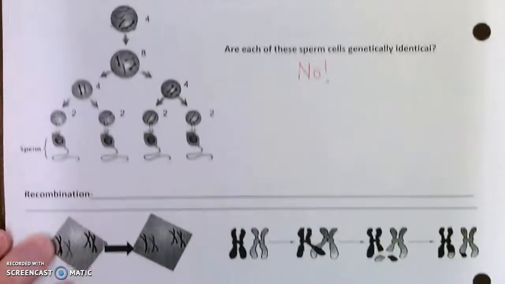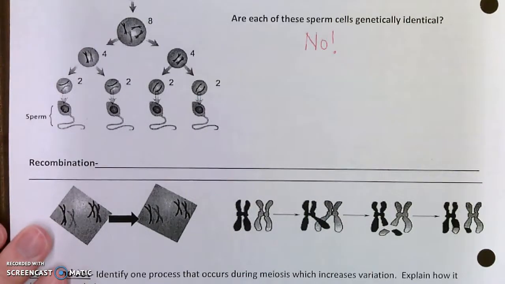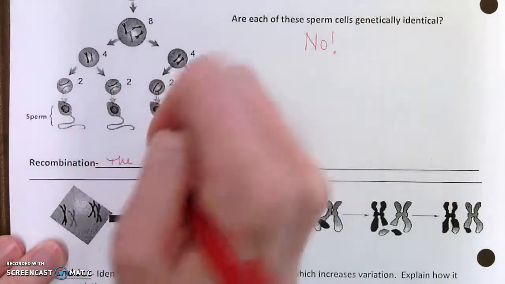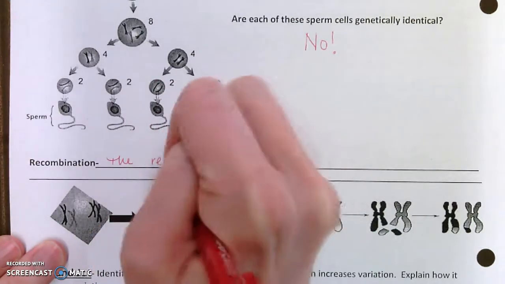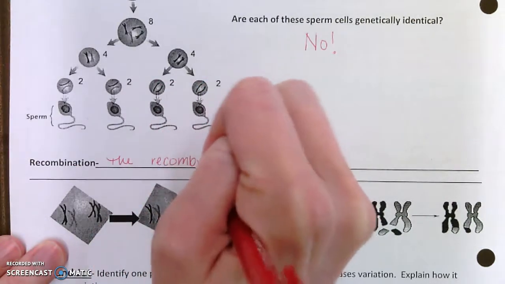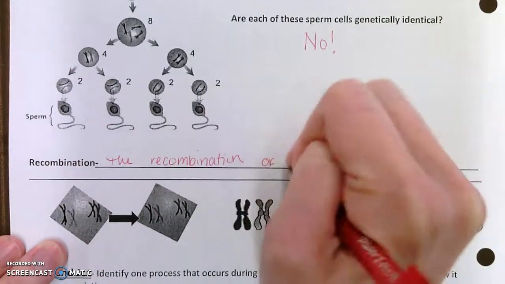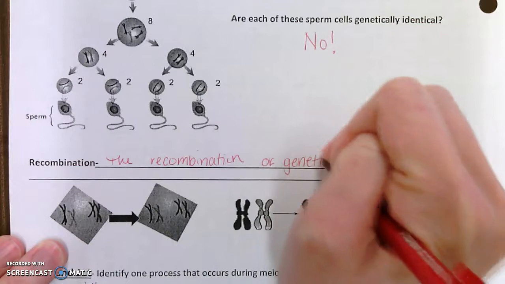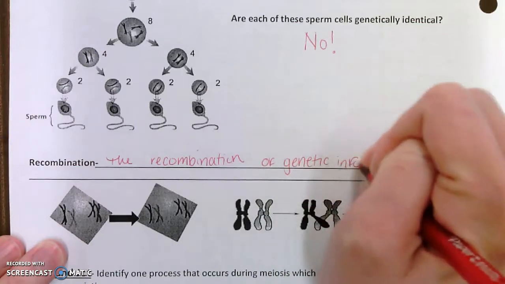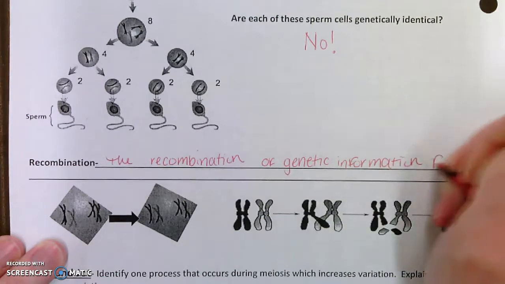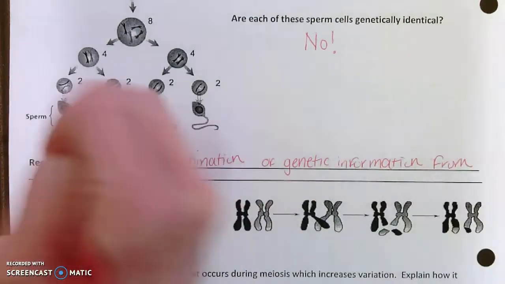Recombination, a definition here is the recombining of genetic information from sperm cells and egg cells.